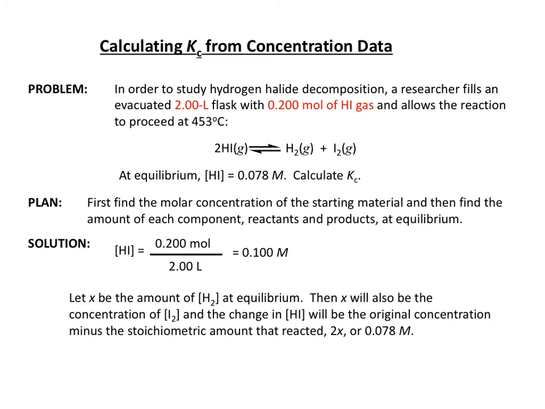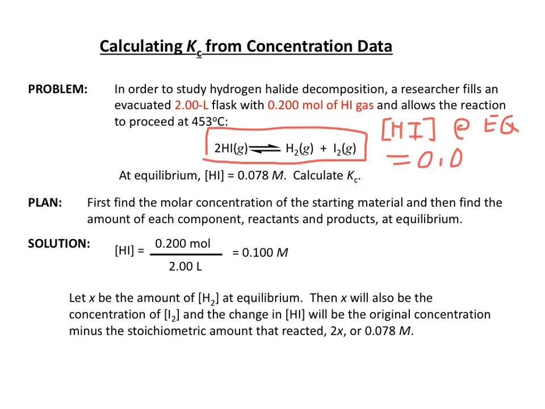So we have the reaction where 2 HI is in equilibrium with H2 plus I2. At equilibrium, they're telling us something important here. The concentration of HI at equilibrium is equal to 0.078 molar. And we need to find the equilibrium constant Kc.